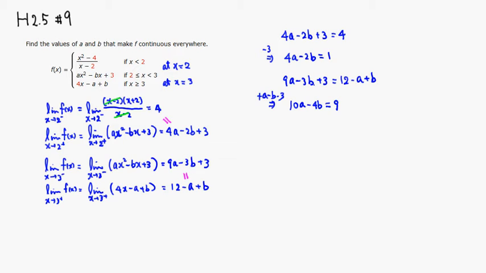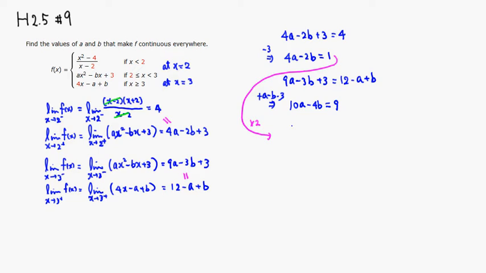Then what I'm going to do is try to get rid of one of the variables, a or b. So I'm going to multiply this equation by 2. That way I can match the negative 2b, which turns into negative 4b.